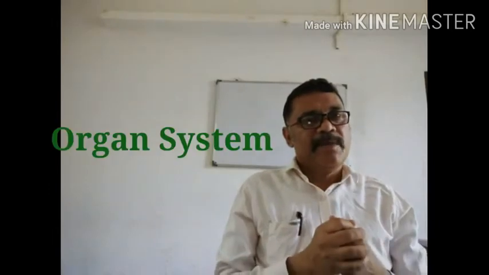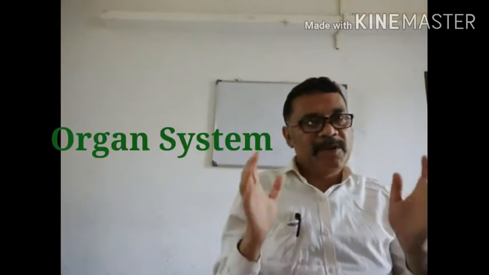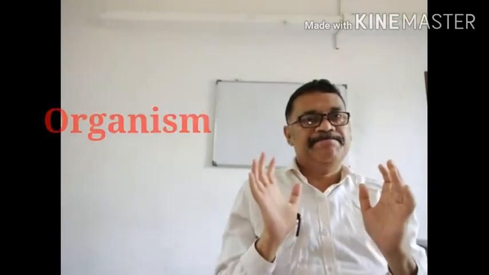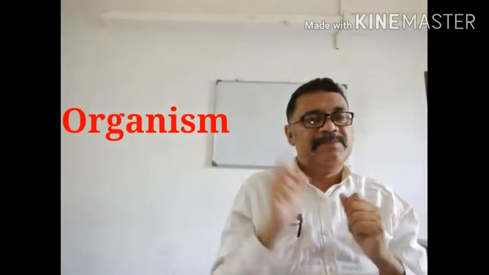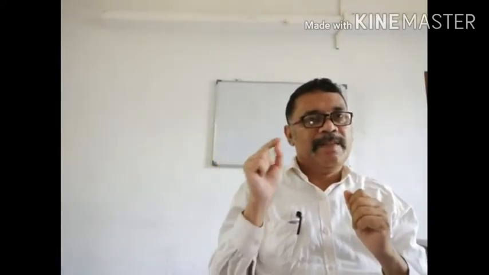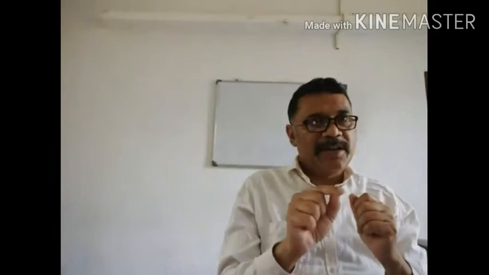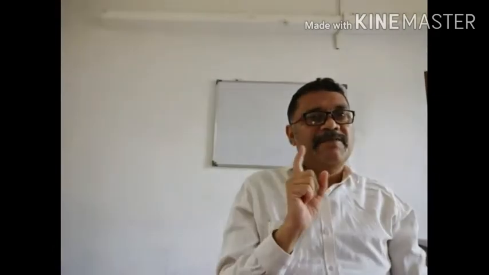Again, so many organs unite together to form an organ system. And a number of organ systems together make an organism. So what is the summary? First of all, cell, then tissue, then organ system, and finally organism.